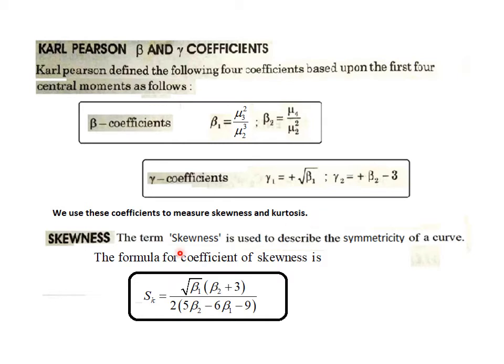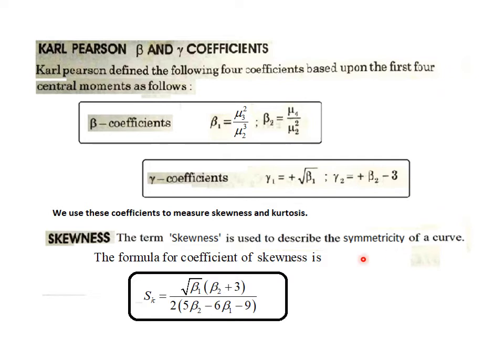We start with skewness. The term skewness is used to describe the symmetricity of a curve. That is, for any particular curve, if we want to know about the symmetricity of the curve with respect to a particular straight line, maybe vertical, maybe horizontal, then we have to calculate skewness.